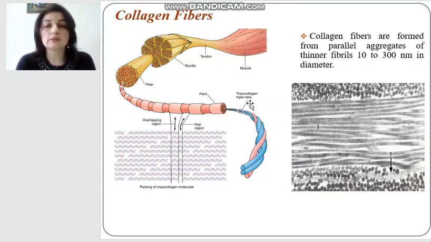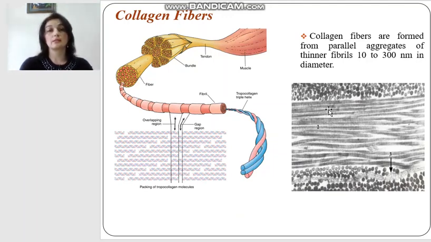It was estimated that they are tough and mechanically stronger than stainless steel of the same diameter. The diameter is approximately 10 nanometers, and pay attention, they are formed by fibrils.